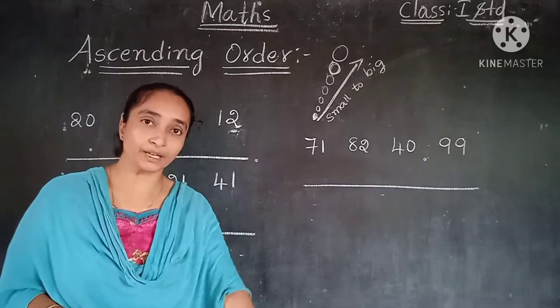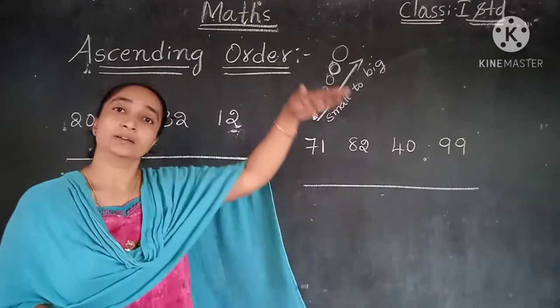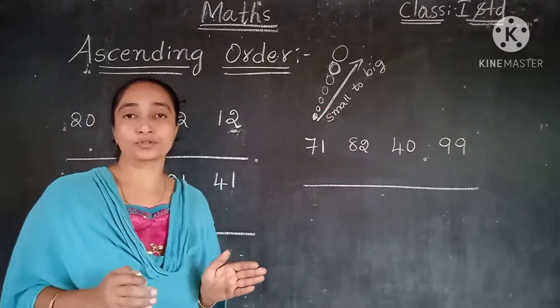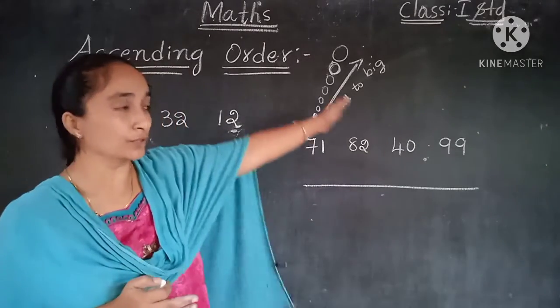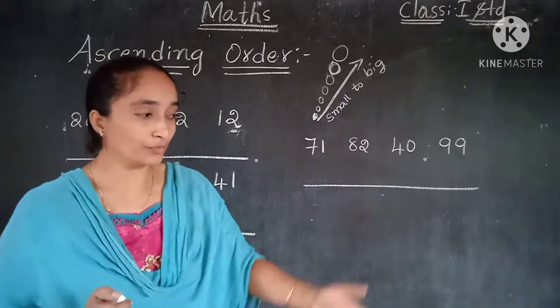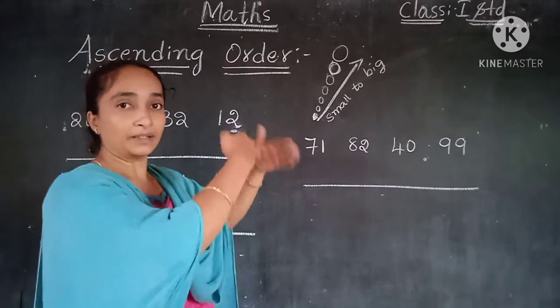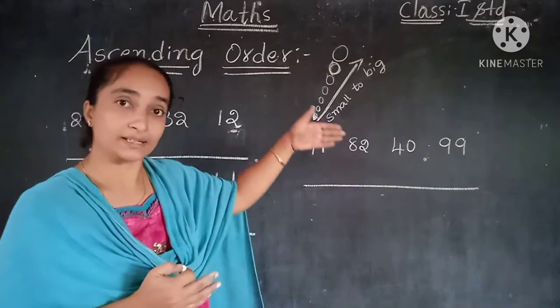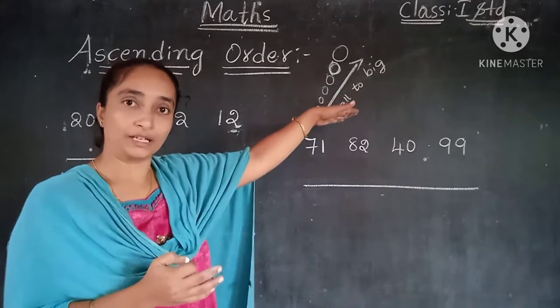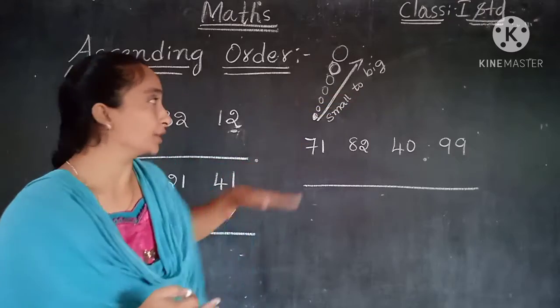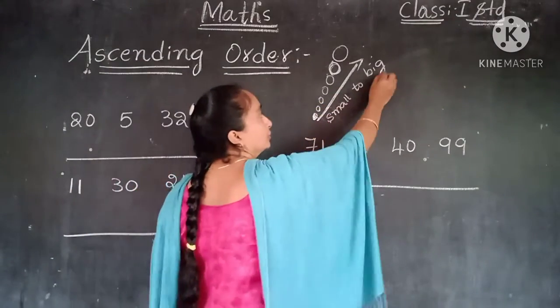So first we have to begin from a small number to the big number. So suppose you are climbing the stairs. So the first step, again you will go to the upstairs. So when we are climbing the stairs, that is called as the ascending order. From the down to up you are going. That is called as ascending order. So small to big.